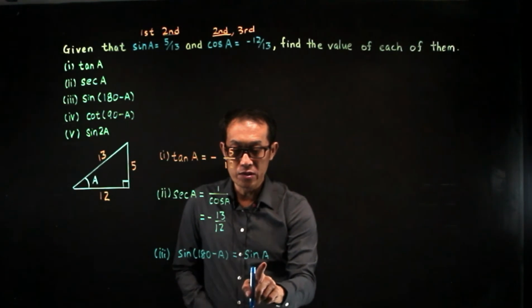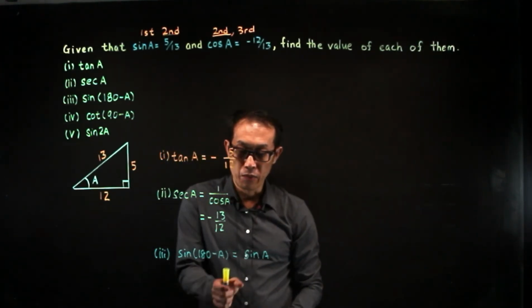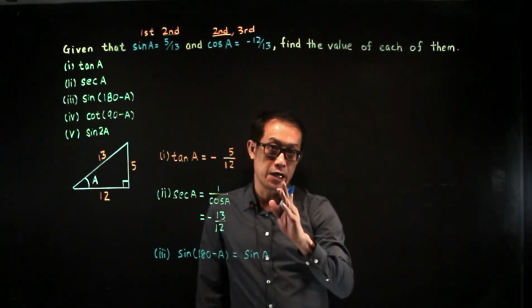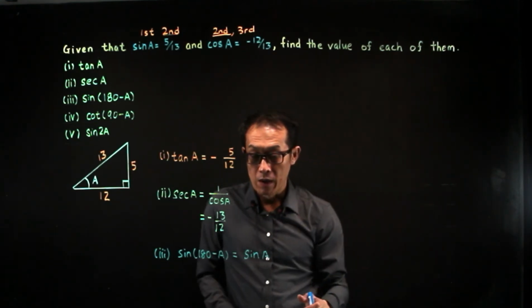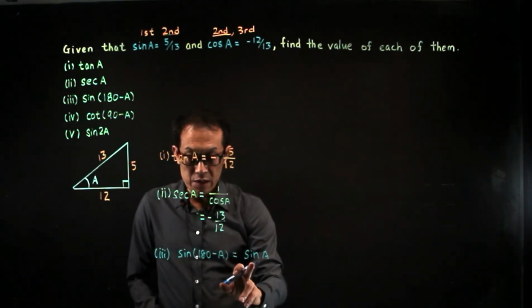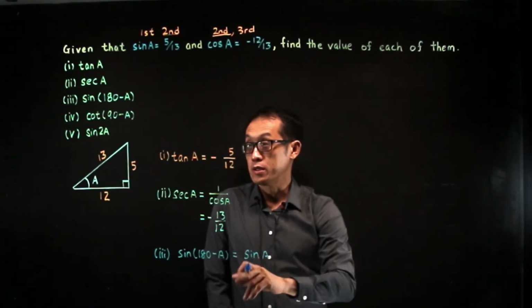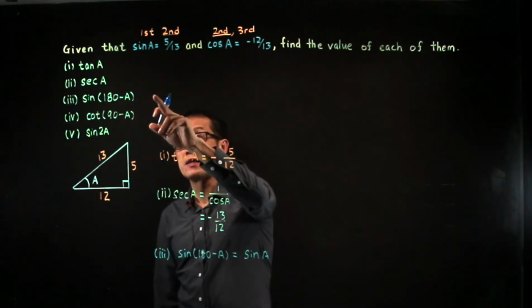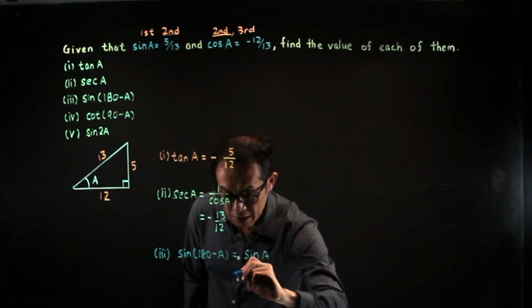If A is in the first quadrant, 180 minus A will be in the second quadrant, and both of them have the same basic angle, which we learned earlier. So it's positive. Sine of 180 minus A will be simply 5 over 13.